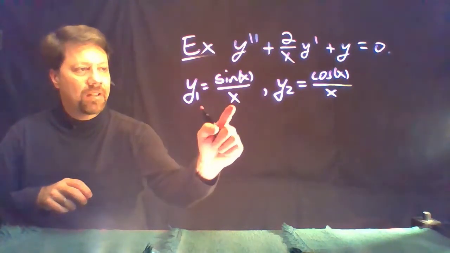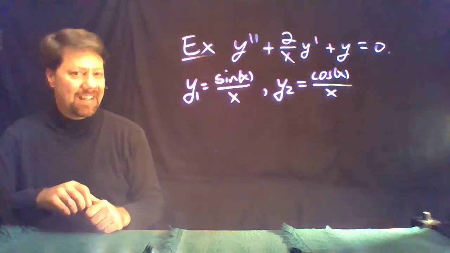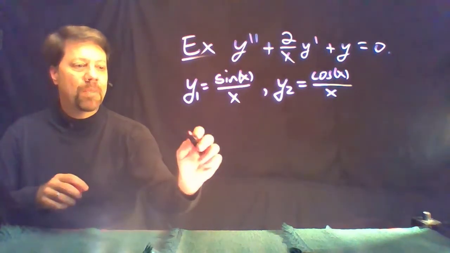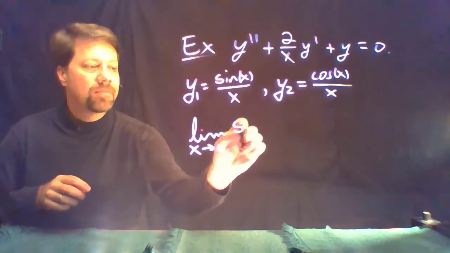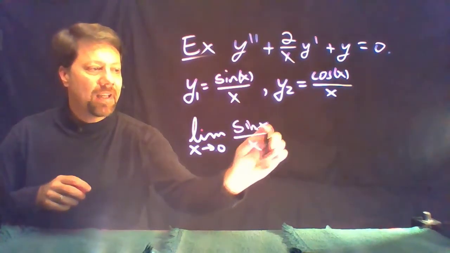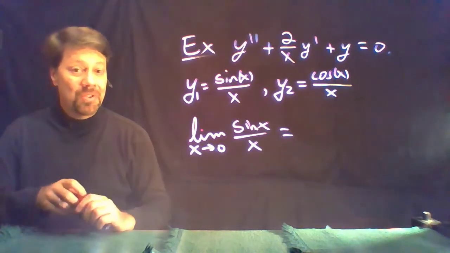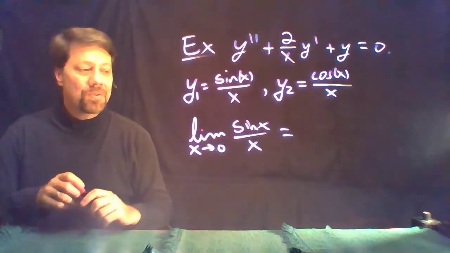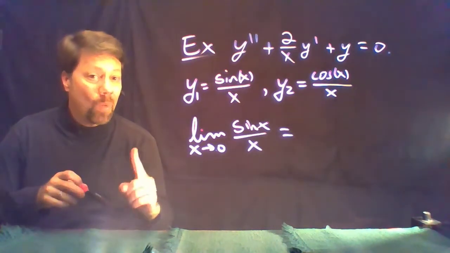And if you take a look, the only place that sine x over x can possibly have a singularity is at x equals 0. But if you take the limit as x goes to 0 of sine x over x, what do you get? You can use L'Hopital's rule. L'Hopital's rule says that this will give you the same limit as cosine x divided by 1.